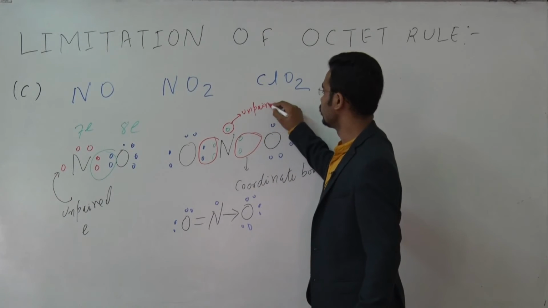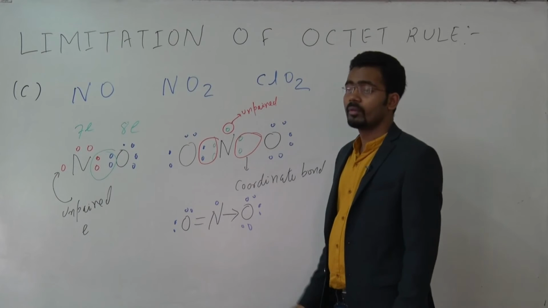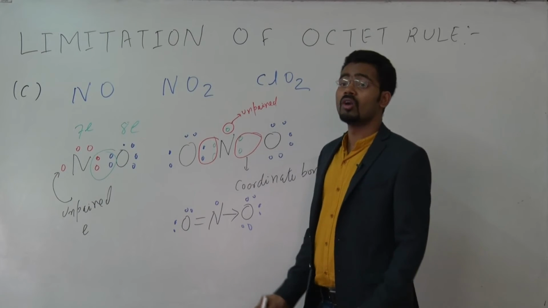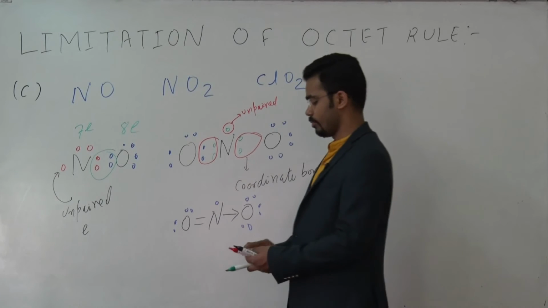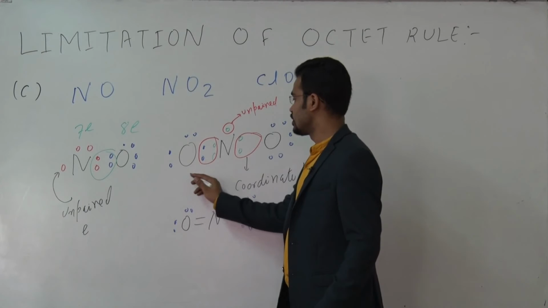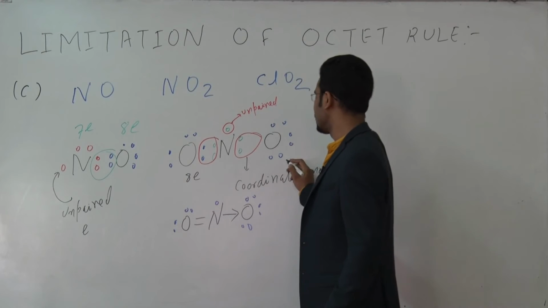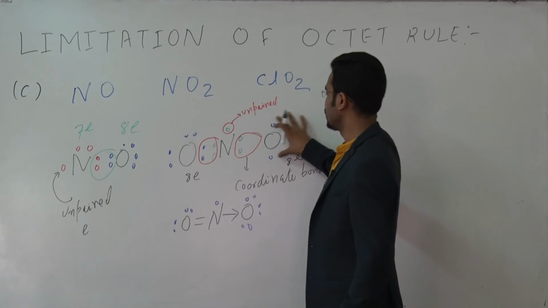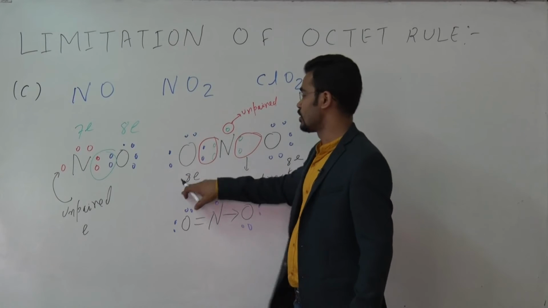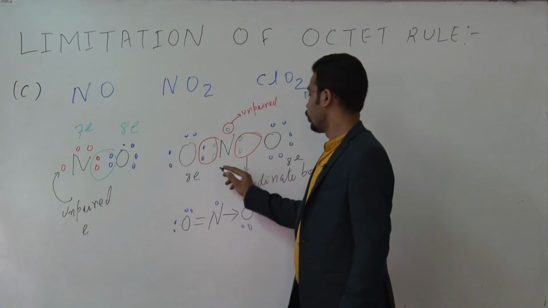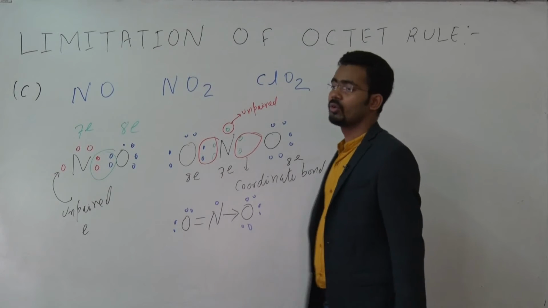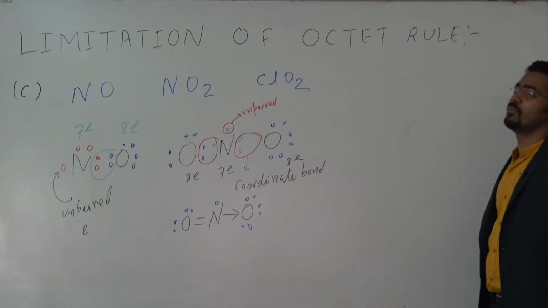Unpaired electron. Therefore it is called an odd electron species. If you find the total number of electrons, tell me the total number of electrons here. It has 8 electrons, 6 and 2 is 8, 4 and 4 is 8. Tell me how many electrons on nitrogen? Only 7 electrons.